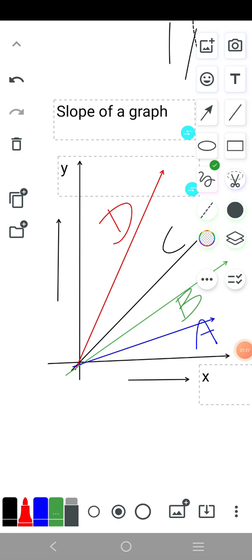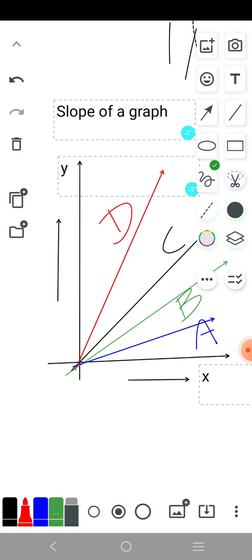Before discussing the slope of a graph, what do we know about slope? Suppose all of you are running or traveling along a sloping hill area. Without discussing the graph, suppose four of your friends are traveling along four paths.